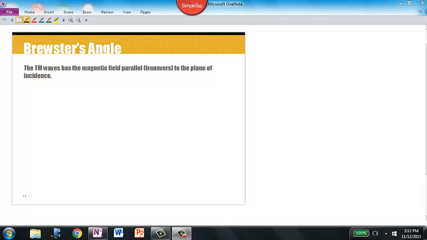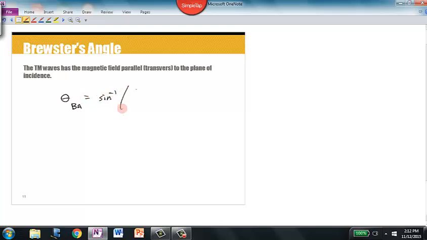And Brewster's angle, we give the symbol theta sub BA, and it is equal to sine inverse of 1 over the square root of 1 plus the relative permittivity of media 1 over the relative permittivity of media 2.